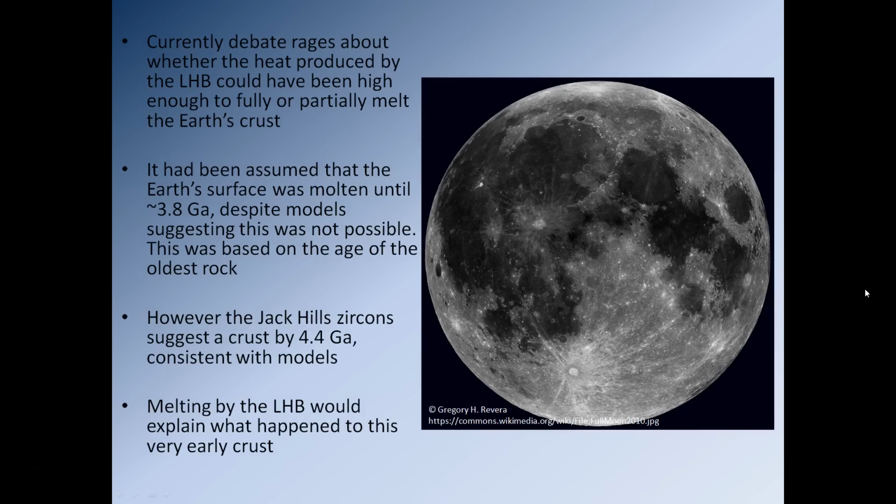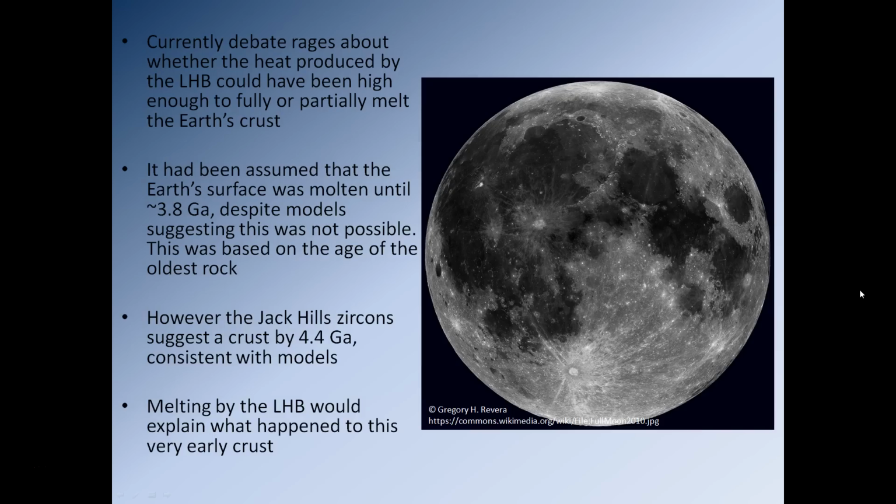So then you have to say, right, where is this crust? Well, we have a small part of something that might be associated with it in the form of the acasta gneiss, but that's a tiny piece of rock. So the question becomes, what happened to the rest? And the most reasonable explanation is that, yes, it was actually melted by the late heavy bombardment.